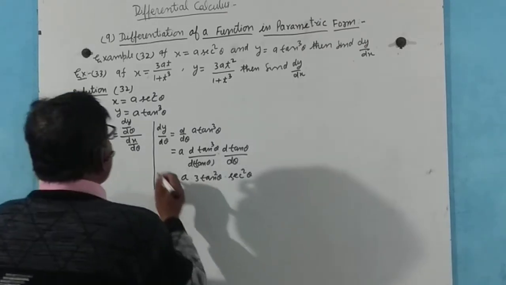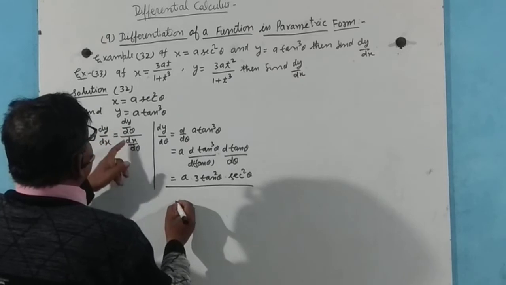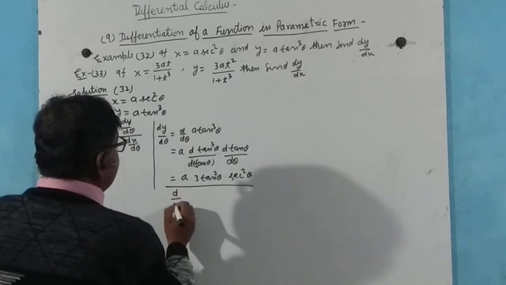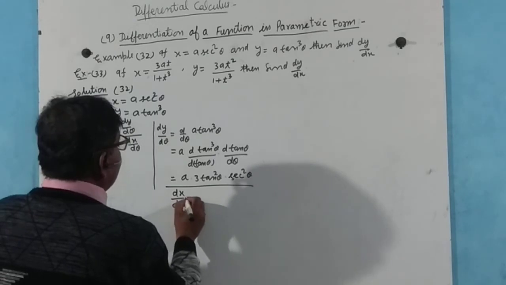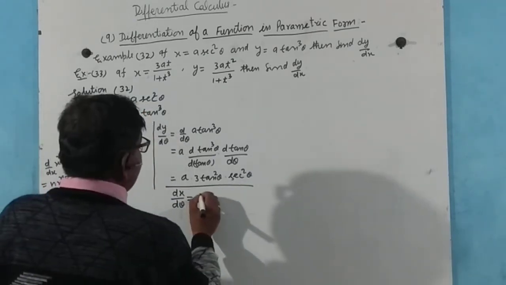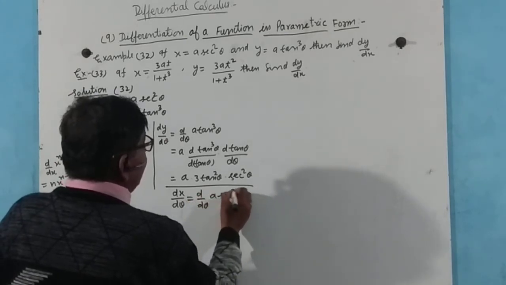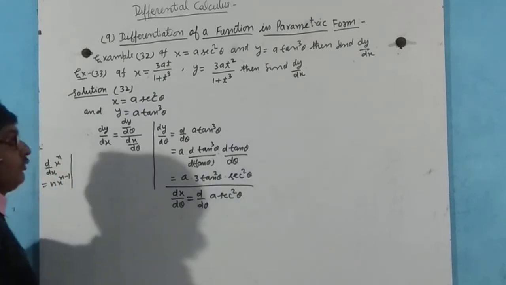Now dx by d theta. Here x equals a sec square theta, so dx by d theta equals d by d theta of a sec square theta.